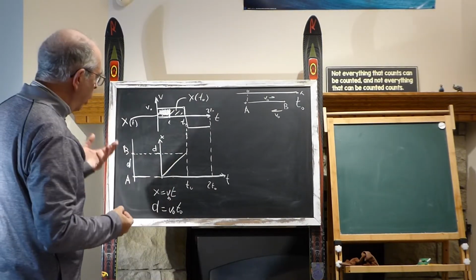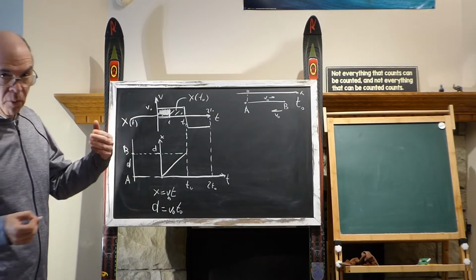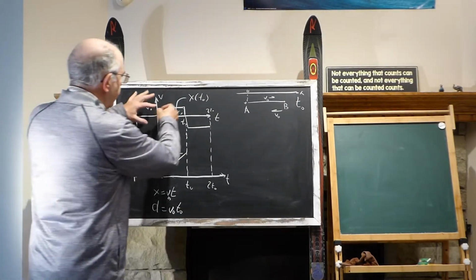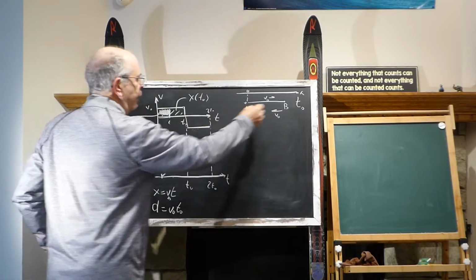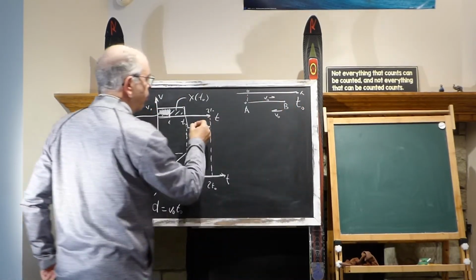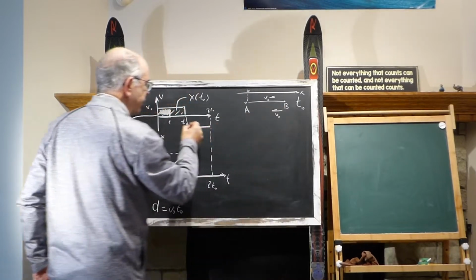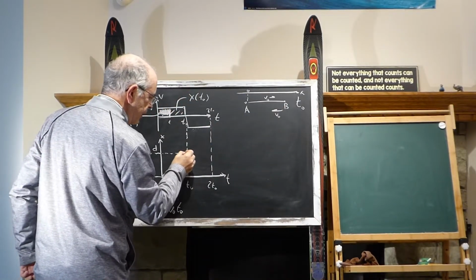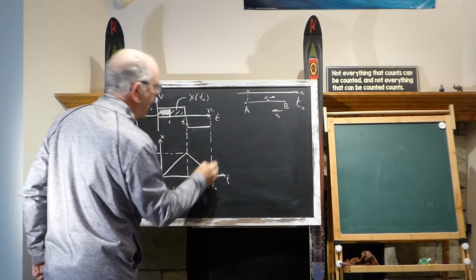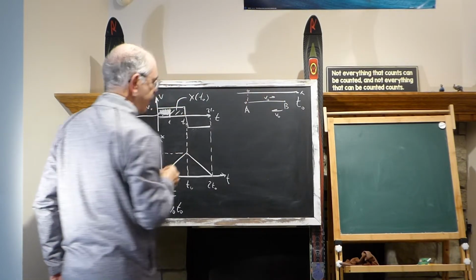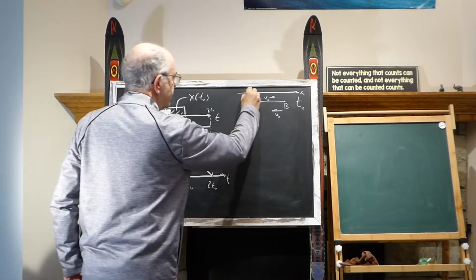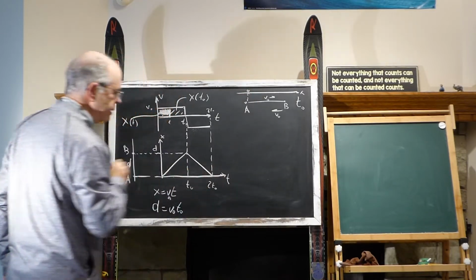Okay, now what happens when we use this approach of calculating the area and we come to this? After that moment, v becomes negative. So that means the graph goes down. X, the coordinate, becomes smaller and smaller, and at the moment 2t0, x becomes 0.